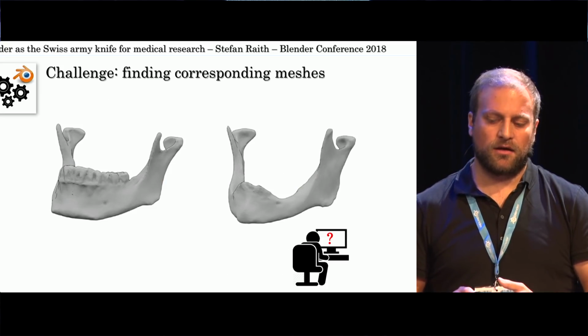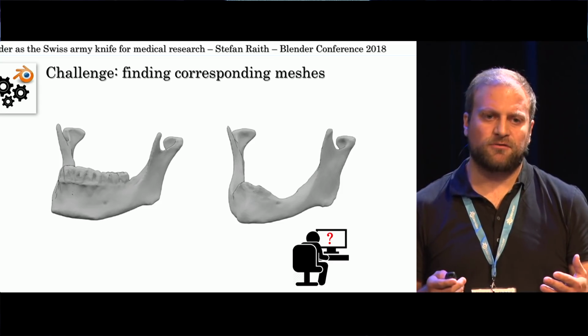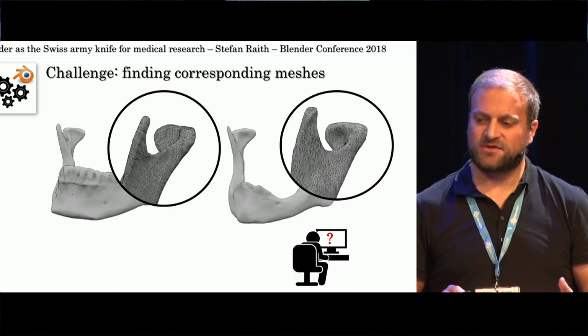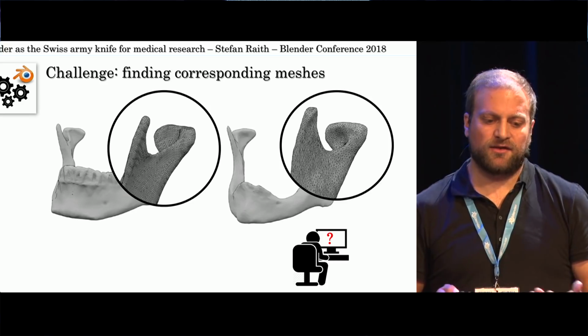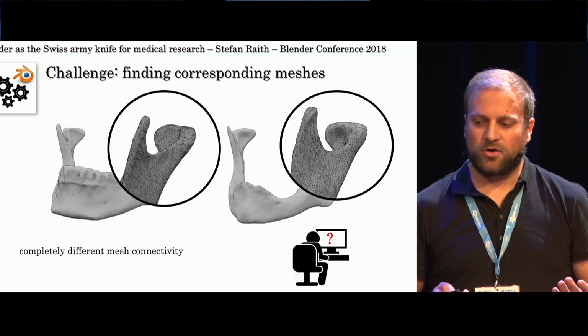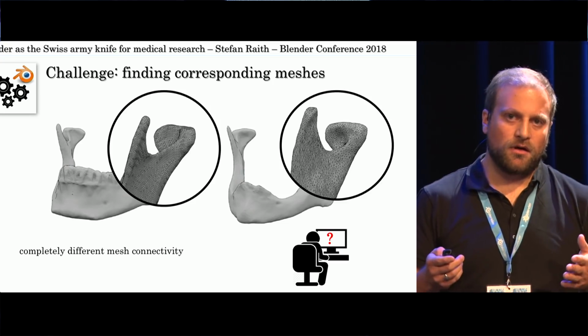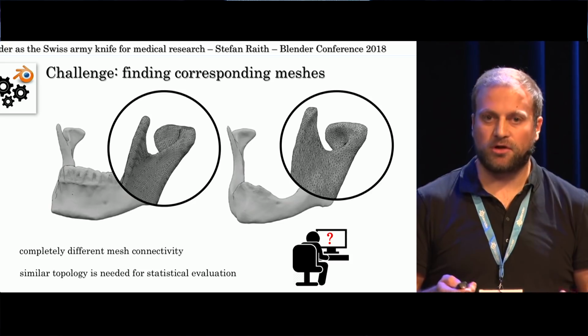Now the question arises of how to define corresponding meshes, because the meshes that come from CT data are completely arbitrarily meshed with triangles, and this is not very convenient for the kind of mathematical analysis that we want to perform. We need a similar topology to do that.